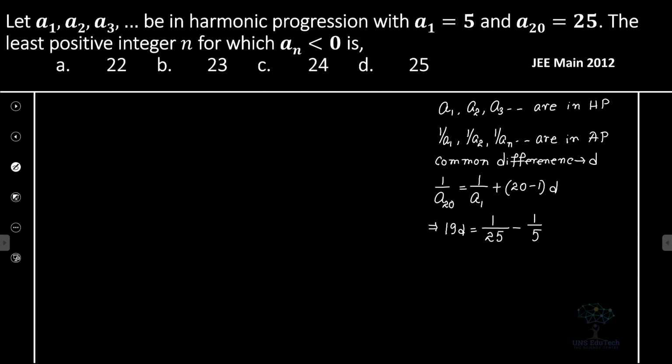Now, obviously, we need to subtract them. So what is the LCM? The LCM will be 25, and we have 1 minus 5, that gives you minus 4 by 25.